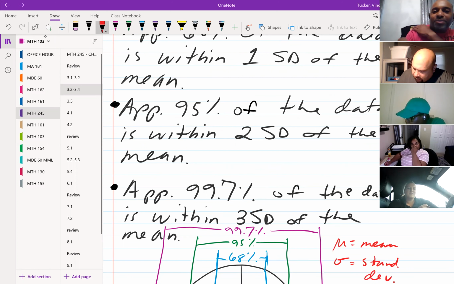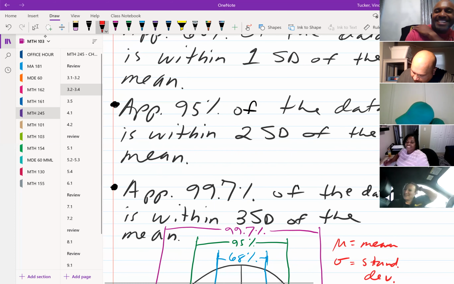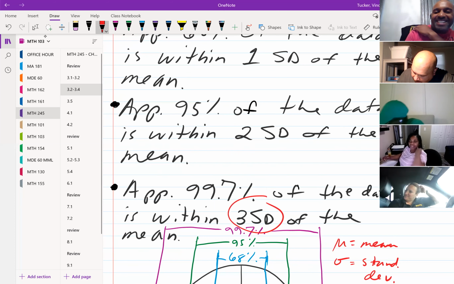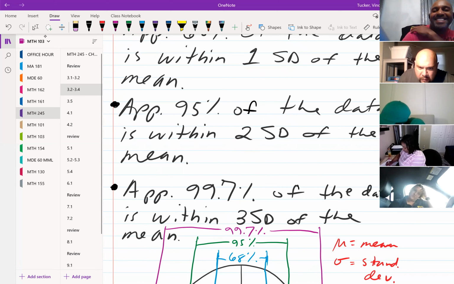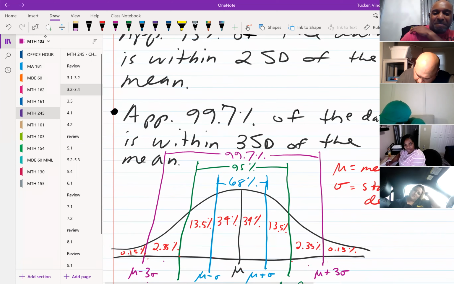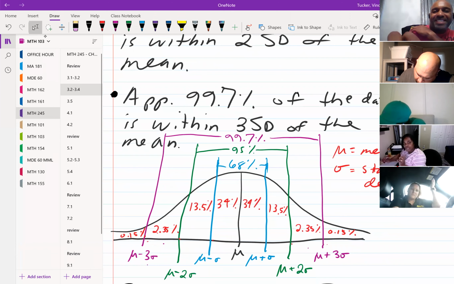I was over here talking with my mute on. So yeah, that's 3 SD, 2 SD, 1 SD. So one standard deviation, two standard deviations, three standard deviations. Okay. Thank you. Not a problem.